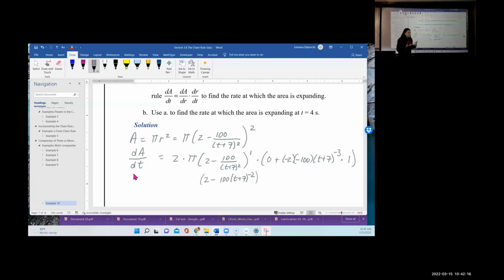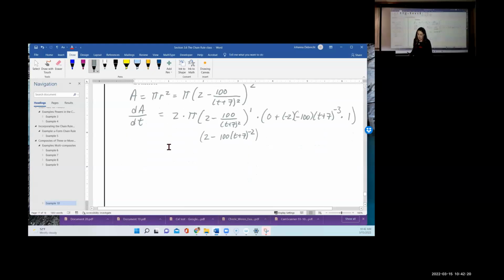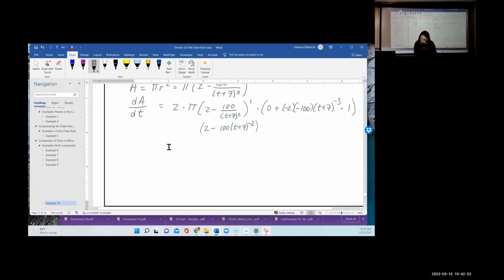Now we need to clean this up a little bit and see if we can get it in a slightly better format. So we have 2 pi times 2 minus 100 over (t plus 7) quantity squared times, we had a negative 2 times a negative 100, which is 200. And then we can drop the (t plus 7) to the negative 3 to the denominator.